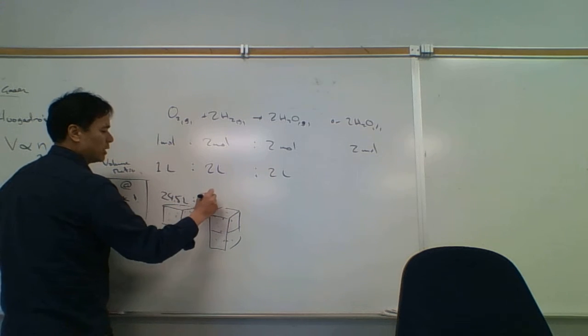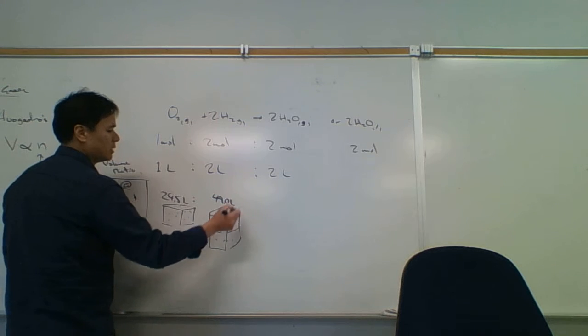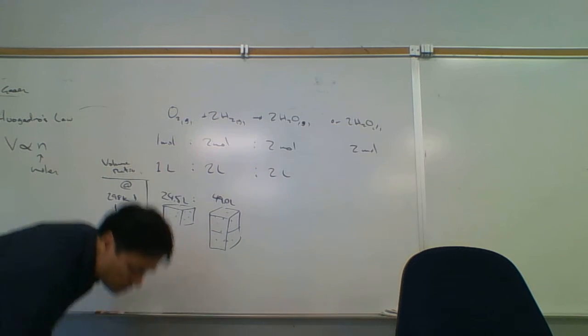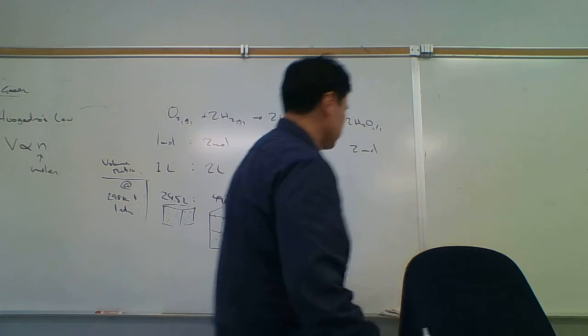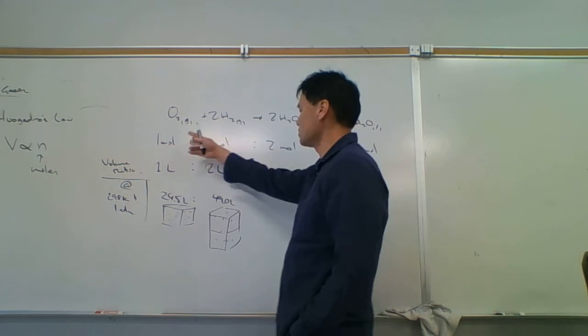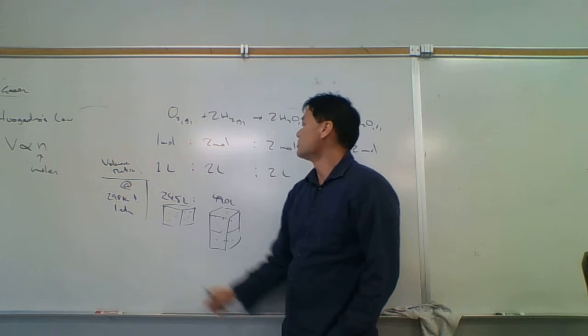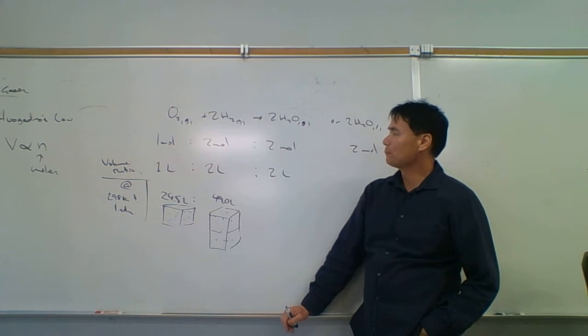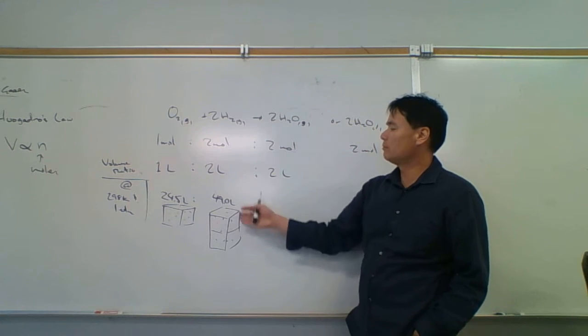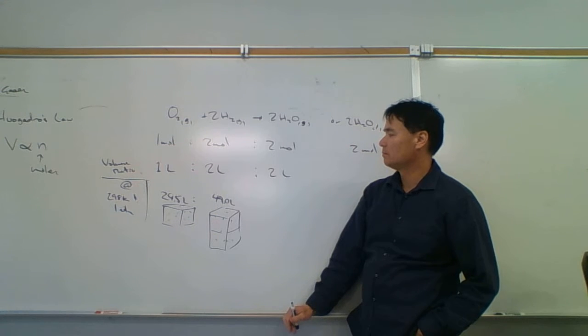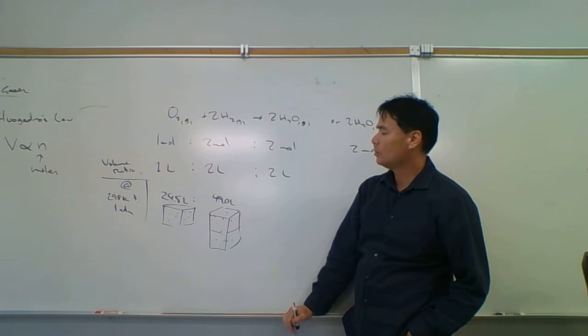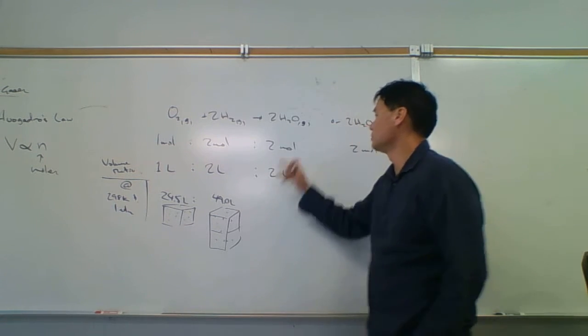So this is going to be 49.0 liters here. In other words, if I take a mole of oxygen, that's 24.5 liters, at 298 Kelvin and 1 atmosphere, room temperature and room pressure, and I mix it with 49 liters of hydrogen, so that would be 2 moles of hydrogen, I should form 2 moles of water.